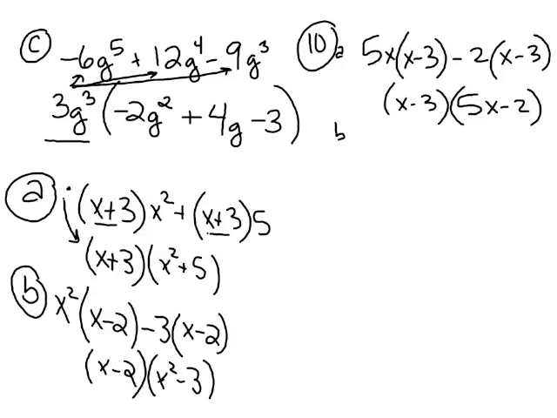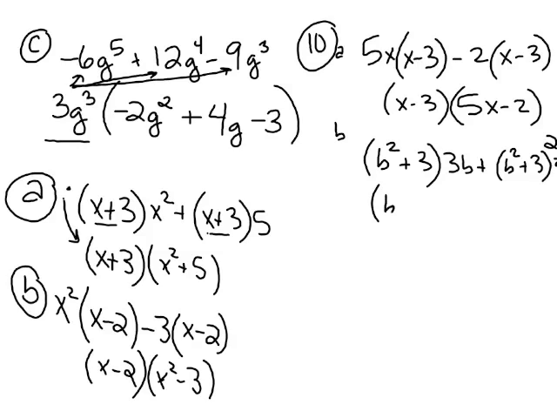Can we solve one of those so you can show? We can. b squared plus 3 times 3b plus b squared plus 3 times 2. So b squared plus 3. And what's in my other set of brackets?